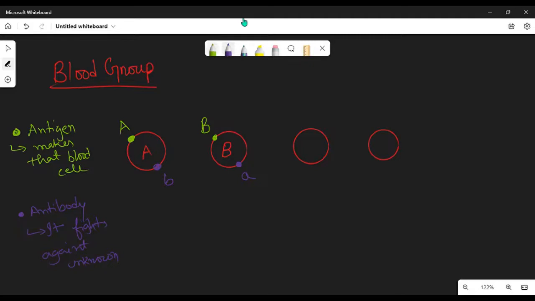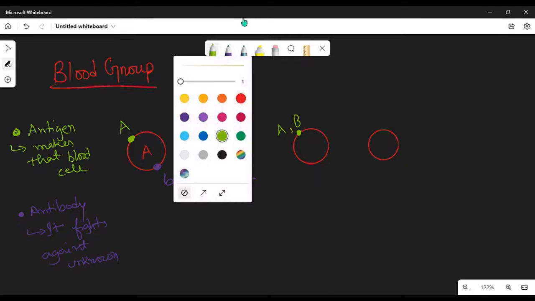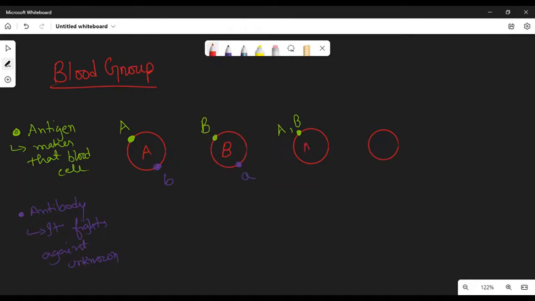And now there is another type, in which there may be both antigens. So let's say both A and B antigens are present in a blood cell. So we will call this blood cell AB.